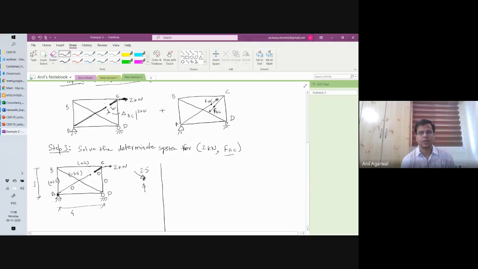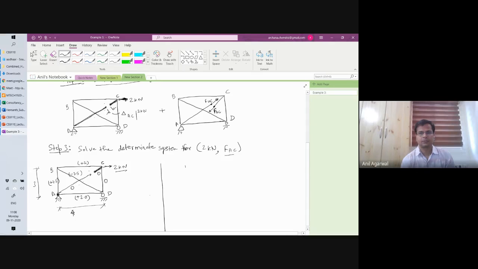That means it can apply a vertical load here, whatever you require. So vertical balance, you don't have to worry about. That will be taken care of by resistance from the support. Only thing that you have to worry about is horizontal member force AD, which will be equal to 2.0, right? You got tension of 2. Okay, so I have solved the system for the external force 2 kilonewton.